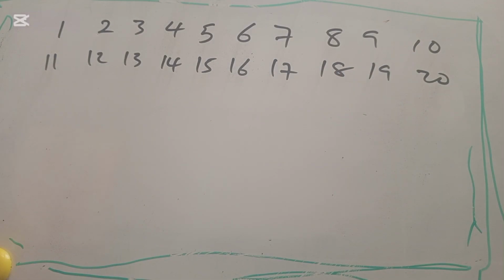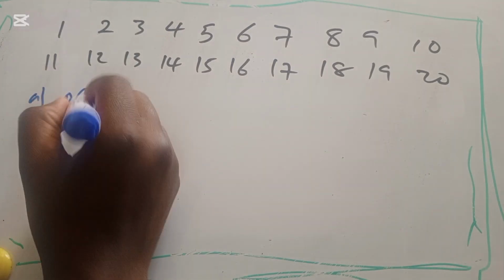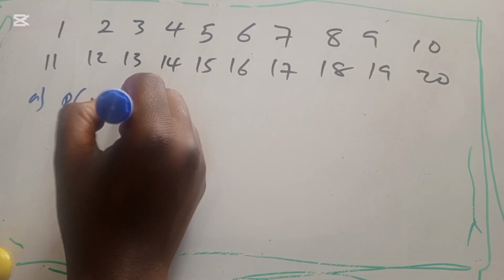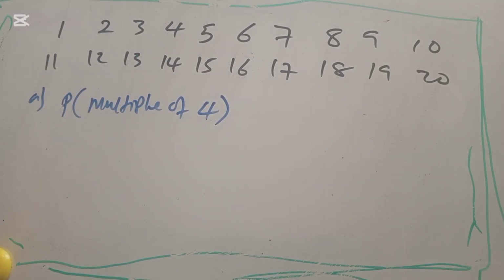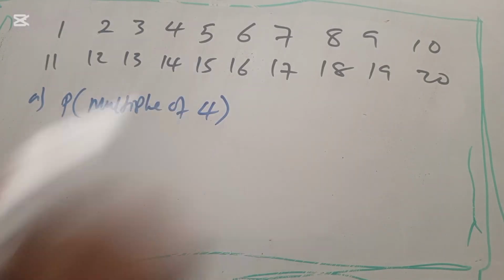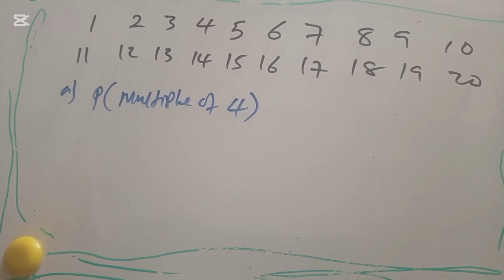So, question A asks probability multiple of 4. So, from the numbers that we have written here, you can underline or circle the multiples of 4.